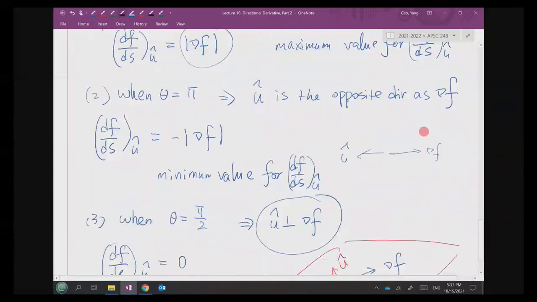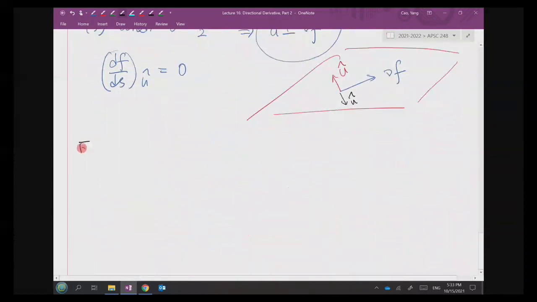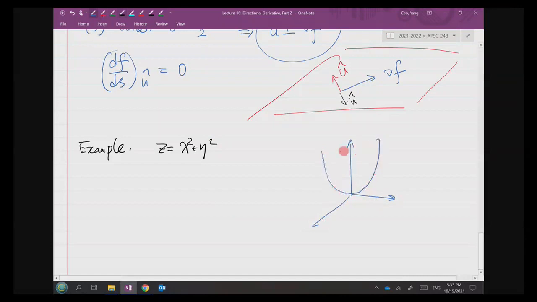Okay, so coming back to the statement, essentially it's verified. Let's take a look at an example. This example verifies the three properties, applying the three properties set here. Consider this given function. We have seen it many times already. This is a paraboloid.